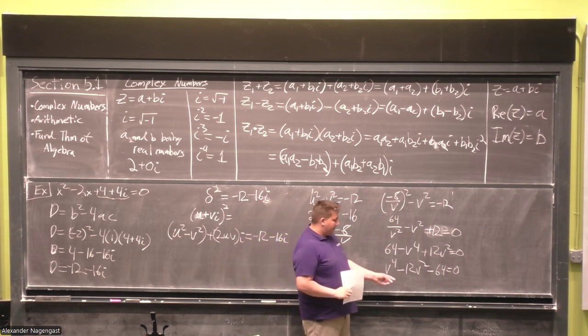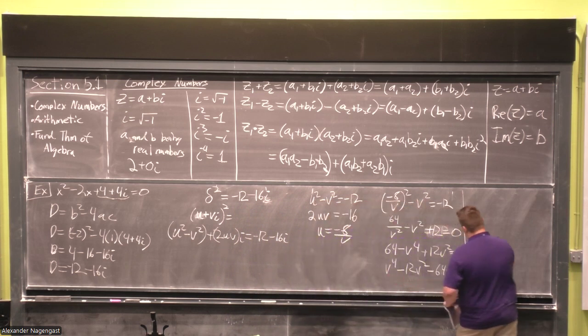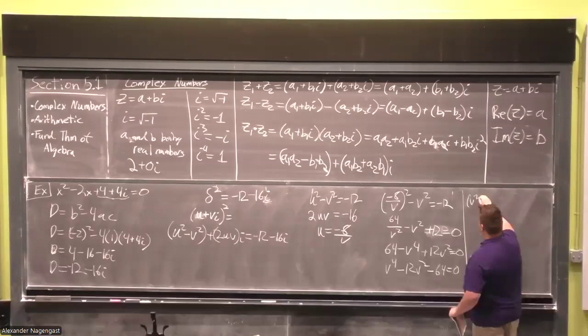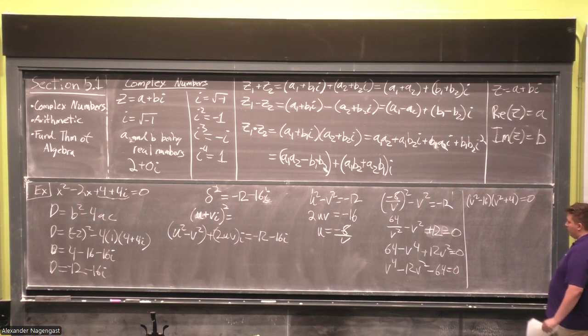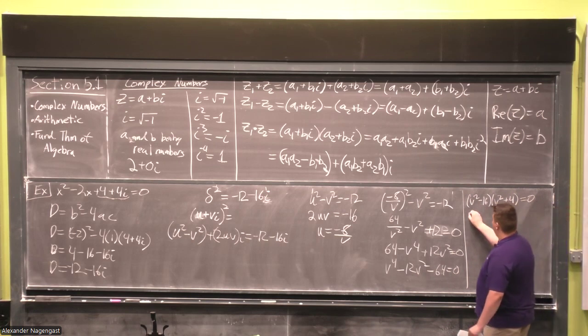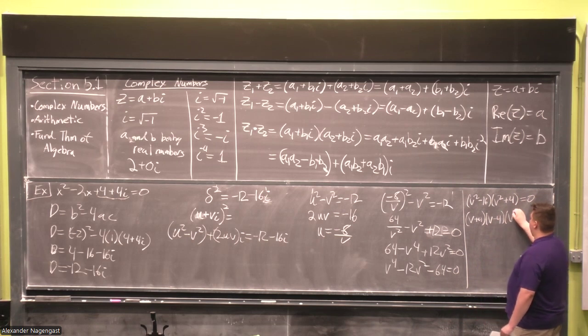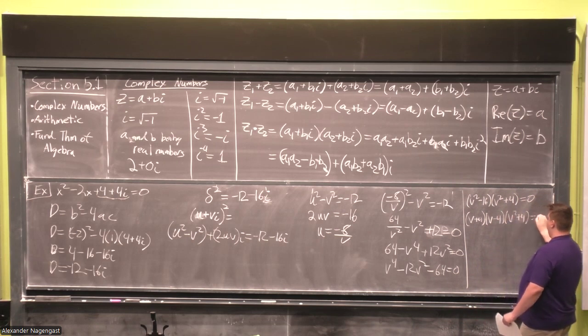So if we have negative 16 plus 4, that gives us negative 12. So we now have v squared minus 16 times v squared plus 4 is equal to 0. We can split this factor and get v plus 4, v minus 4 times v squared plus 4 is equal to 0.